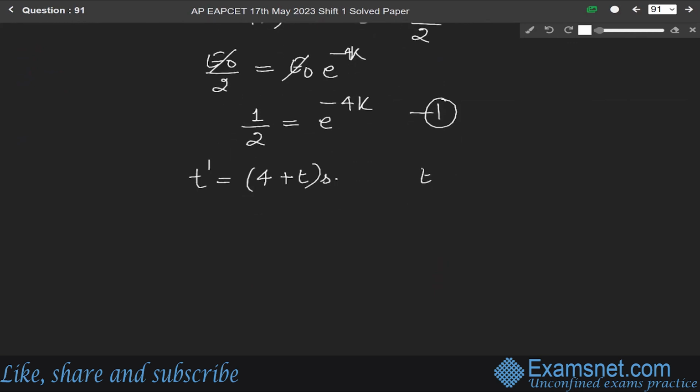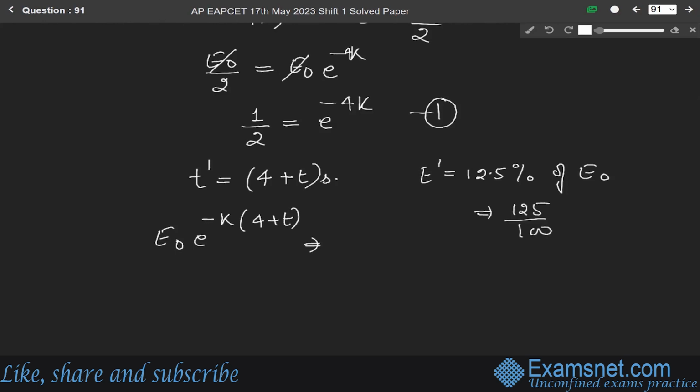The energy becomes E dash equals 12.5% of its initial energy, E naught. So we can write E naught e to the power minus k(4 plus t) equals 12.5% of E naught, which is 1 over 8 into E naught.